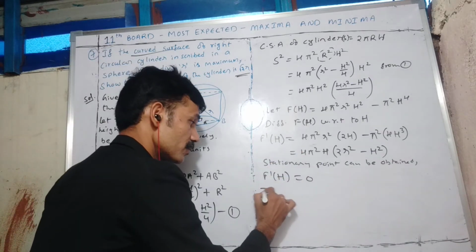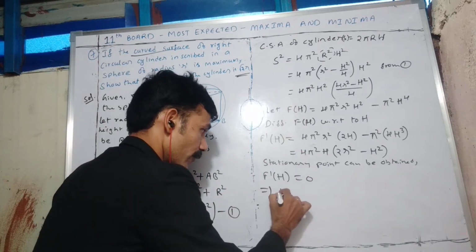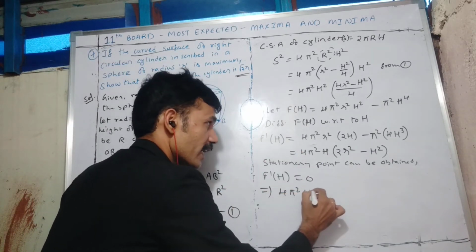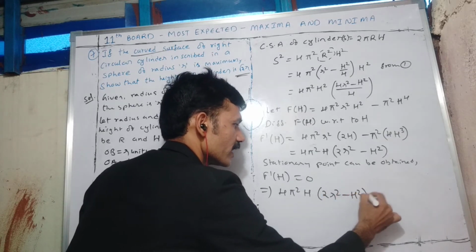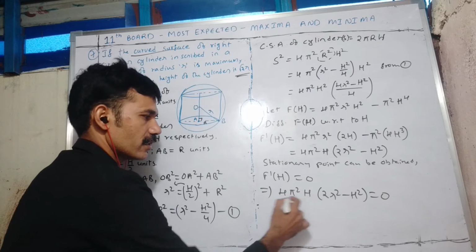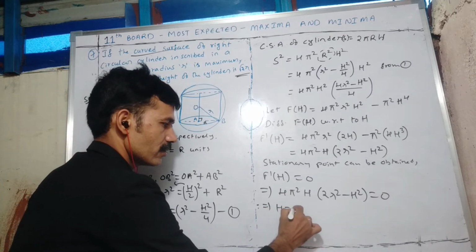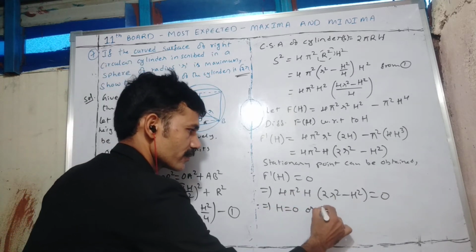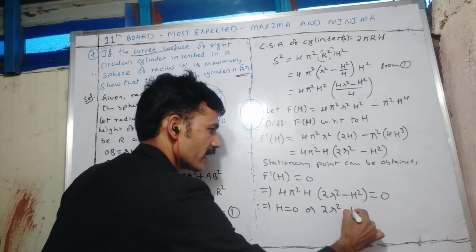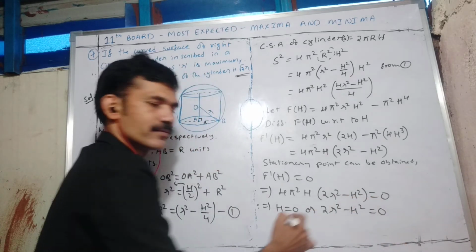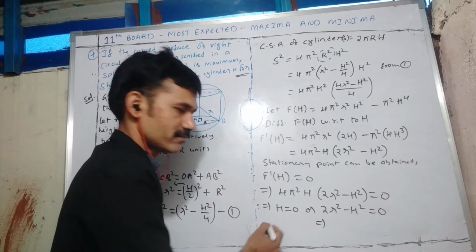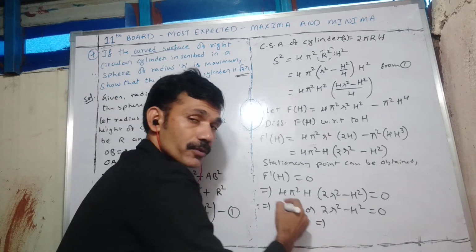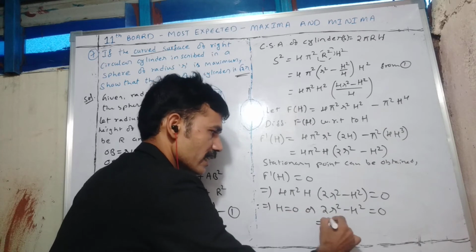f'(h), how much did we get? 4π²h times (2r² minus h²) is 0. Here h can be 0, or 2r² minus h² is 0. h can't be 0 here, since we want to find the maximum, so this can be neglected.